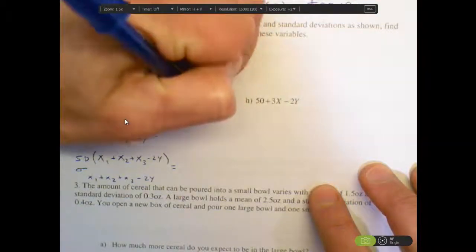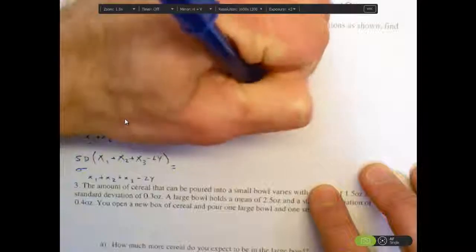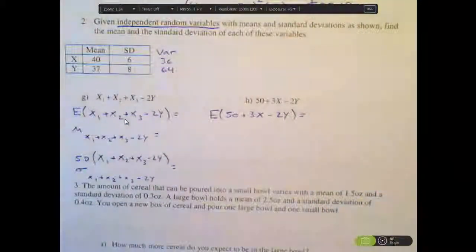Okay, in part H, it's going to be very similar. I have the expected value of 50 plus 3x minus 2y. When I add and subtract from the mean, if the mean of a set of data is 60 and I add 10 points to every, say, test score, that mean now becomes 70.